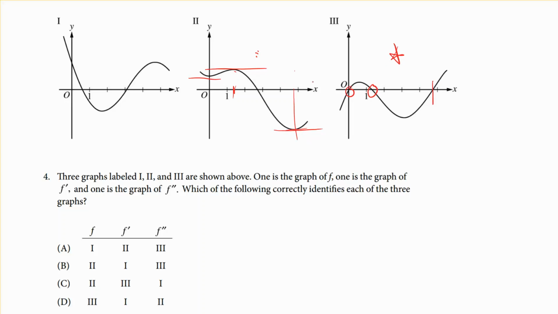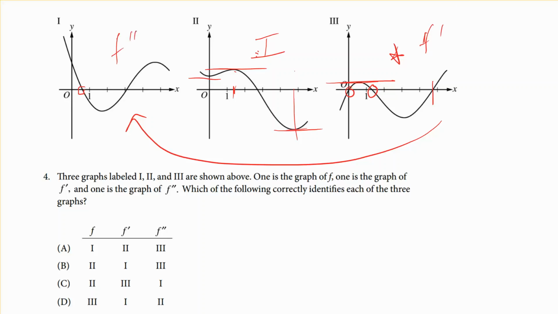Then let's check this one. It has a slope of 0 here. Let's go relate that to the first one. It has a 0 right there, meaning this is the derivative of this. So here's the function, here's the derivative, here's the second derivative. Which one is that? There it is. That's how I would explain that problem.